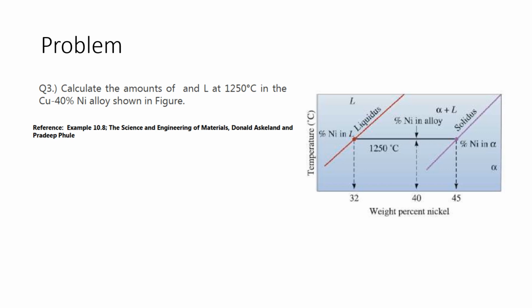In this problem, you have to calculate the percentage compositions using the lever rule. Calculate the amount of liquid at 1150 degrees centigrade in the copper 40% nickel alloy shown in the figure.